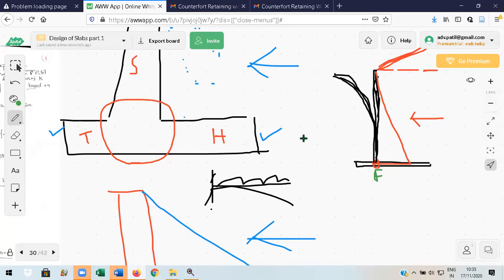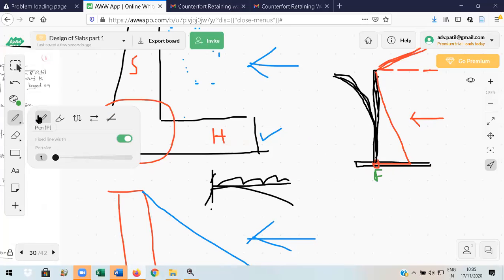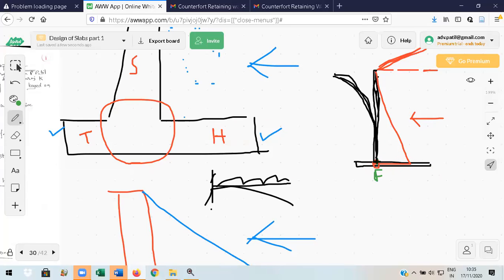So in the case of the heel, observe this. The heel is going to bend like this. It is also a cantilever. It bends like this. Why does it bend like this?